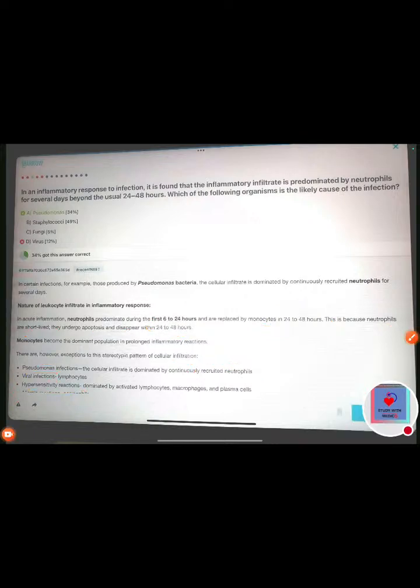Monocytes become the dominant population and prolong inflammatory reactions. Exceptions to this stereotypic pattern are Pseudomonas, viral infections, and hypersensitivity reactions, where the infiltrate is dominated by continuously recruited neutrophils.